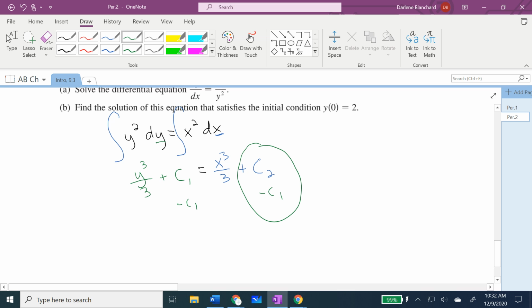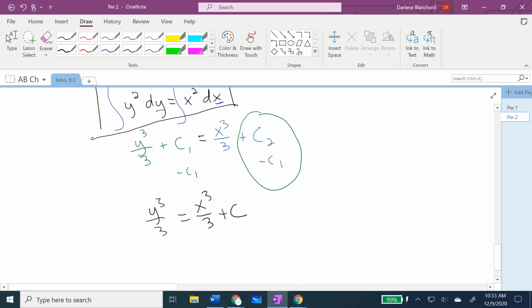And what's the subtraction of 2 unknown constants? An unknown constant. So what you will end up doing is you will put plus c on one of the two sides. Typically, people put it on the right side, but it technically doesn't matter which side you put it on. So when you see this, you're going to go, okay, y cubed over 3 equals x cubed over 3, and then plus an unknown constant.